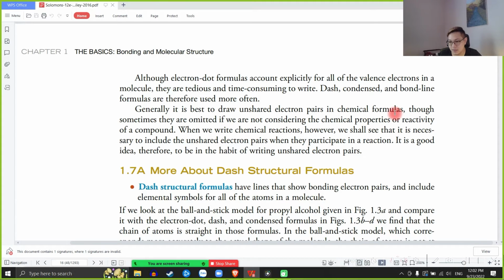It can be more useful to understand how the reaction happens if you write dot formulas. So it's a good idea to be in the habit of writing unshared electron pairs as well. I would say try to write the dot formula more.